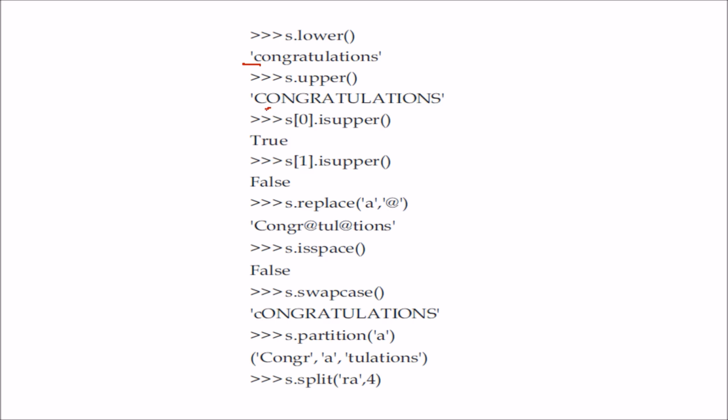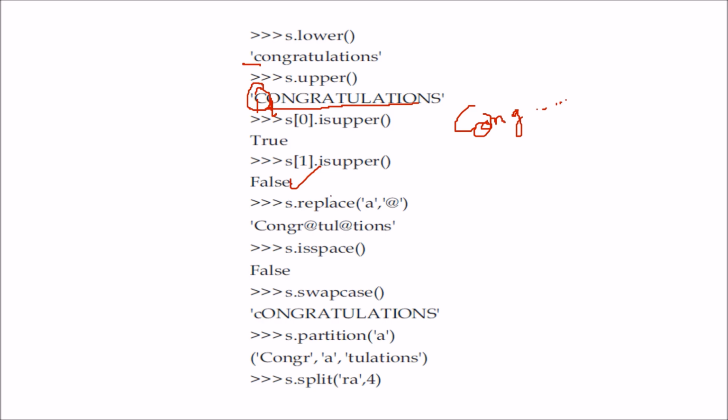S dot upper: all others apart from C, because C was already capital, will become capital. S[0].isupper. Whether S[0] is upper or not, as we saw, this first one is upper. S.isupper. Whether it is upper or not, we are going to use Congratulations like this. So this is not all upper, so it will be false.